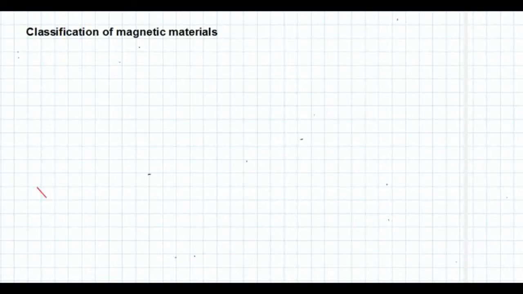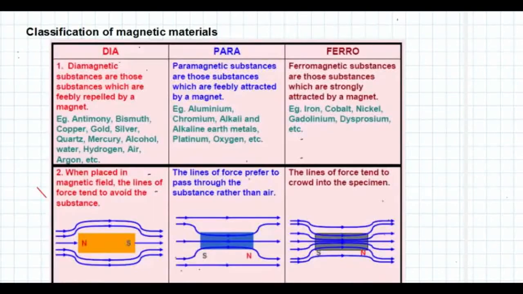Now magnetic materials have been classified into three. So now let us look into this classification of magnetic materials. They are diamagnetic, paramagnetic and ferromagnetic.